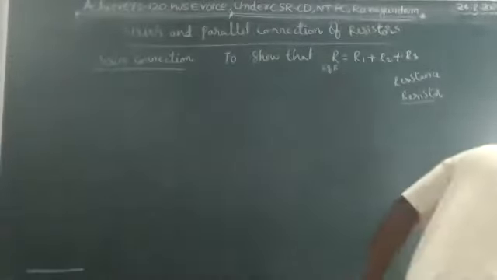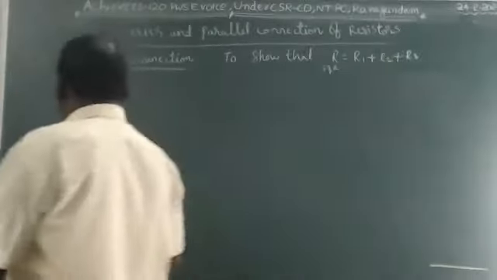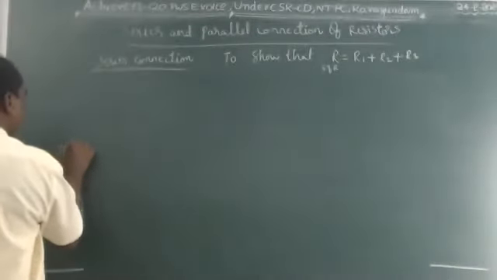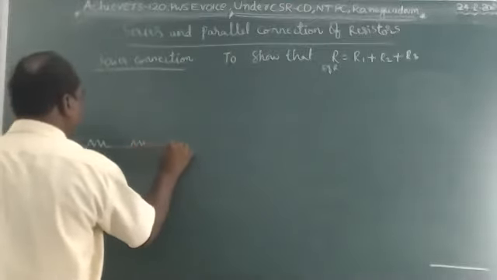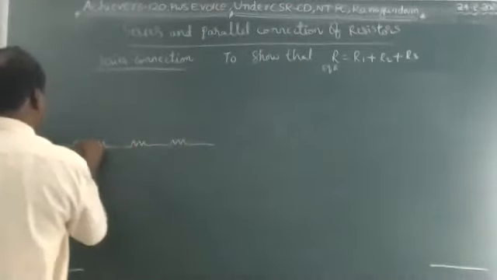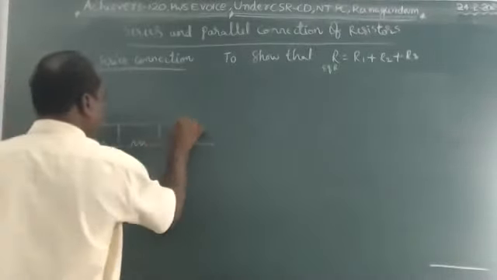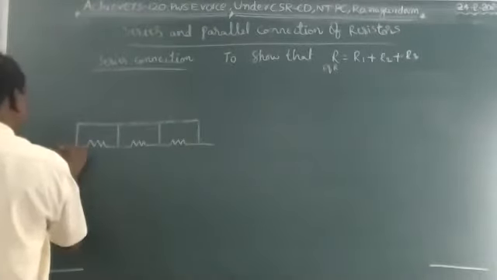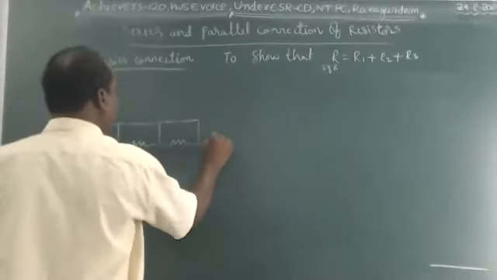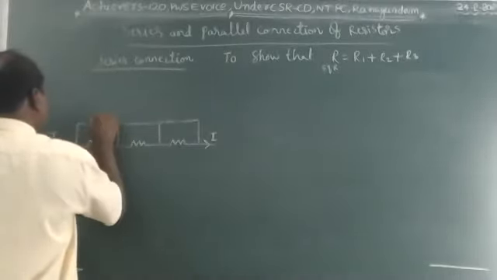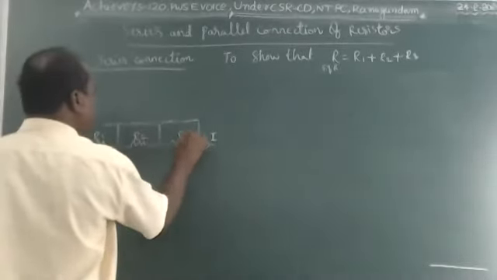Let me see the diagram for this. We have to draw the circuit for this. This is the series connection circuit. Three resistors are there in this. There is a current I. This is the R1 resistor, R2 resistor, and R3 resistor.